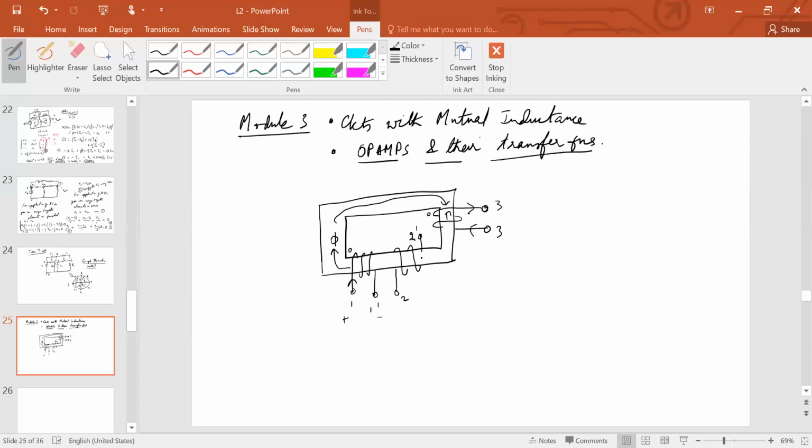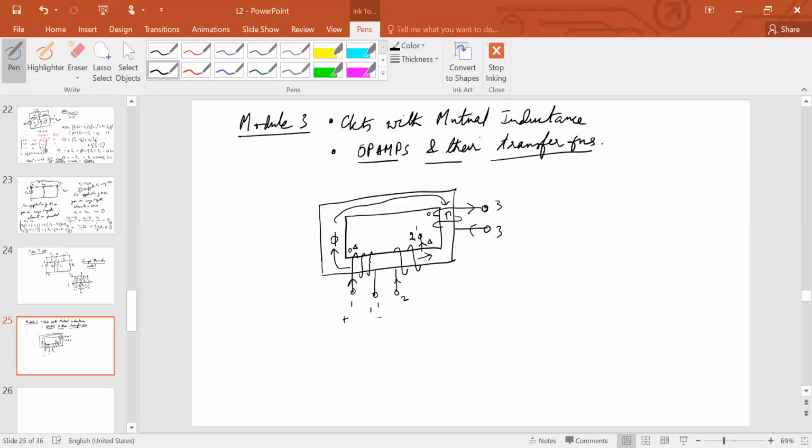If this also has to oppose this flow of flux, then this must carry current in such a way that the resultant flux is in this direction. So it stands to reason that the current should flow in this direction, flowing out through this direction. Therefore, for a positive polarity here, there should be a positive polarity here. So this is how you mark out the polarities.